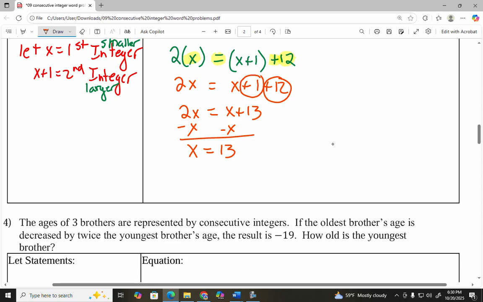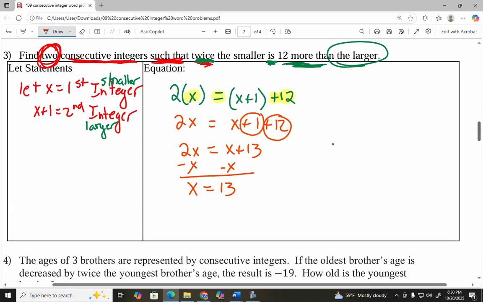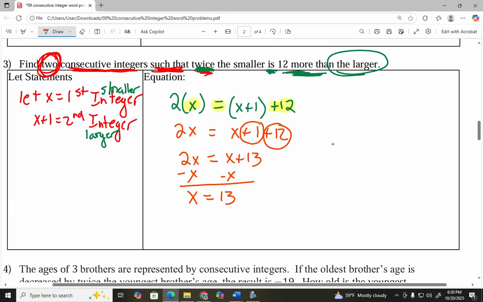If we go back to our let statements, we can find both integers. The first one, I guess, is 13, and the second one is 13 plus 1, which makes it 14. The integers are 13 and 14. Remember, they're supposed to be consecutive, so it makes sense that the one right after the other, and it didn't say anything about even or odd.